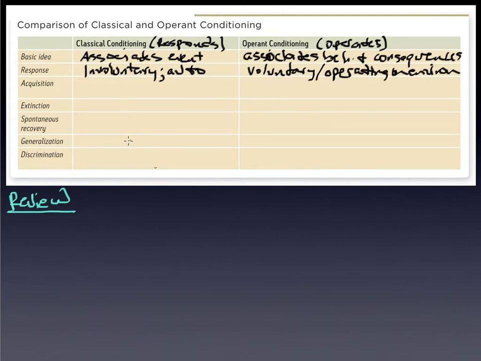Okay. So how does it acquire the behavior? That's what acquisition means here, is how does it go about acquiring the behavior? It associates events. And the neutral stimulus is paired with the unconditioned stimulus. So the neutral stimulus, NS, is associated with the UCS.